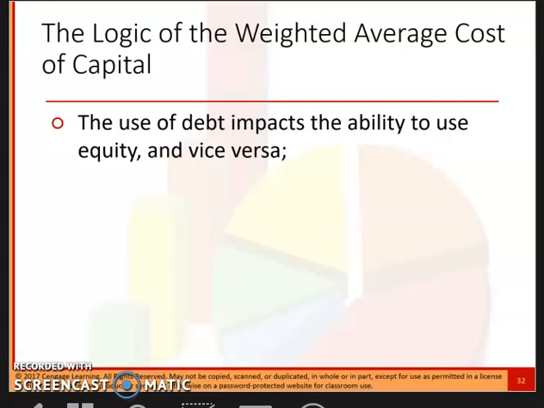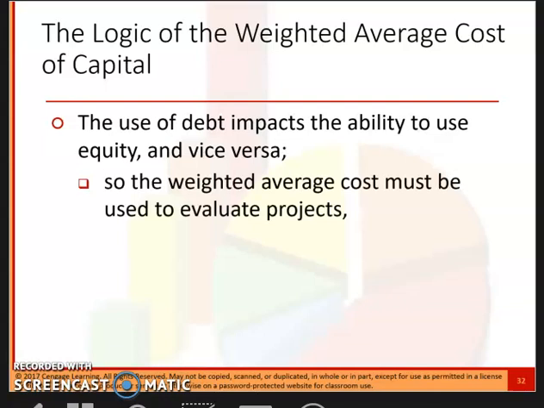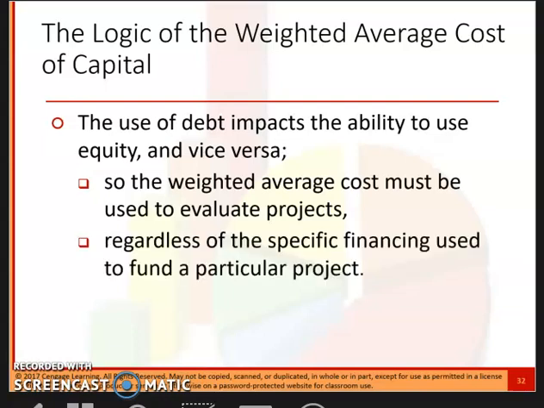So you want to maximize the amount of debt that you can, but if the debt gets to be too large, it can become cumbersome and weigh down the company. We've all seen examples of that. Since they're related to each other, the weighted average cost of capital needs to be used to evaluate projects regardless of the specific financing source used to fund a particular project.